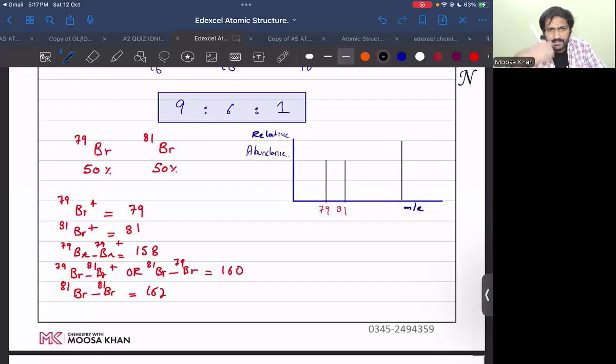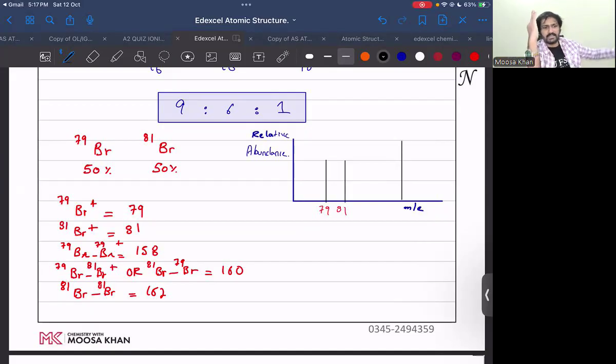When the detection happens in the mass spectrometer, it is done on the basis of the number of isotopes that are coming. For chlorine, signals were coming more from the chlorine 35 isotope as compared to the chlorine 37 isotope.